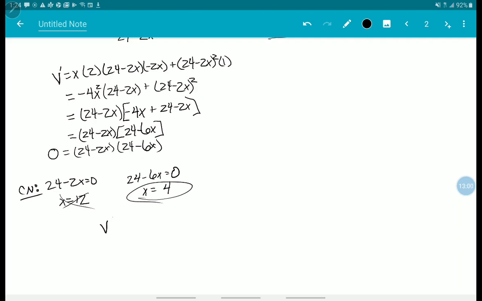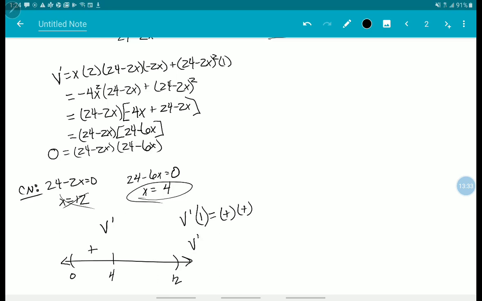We can confirm that by looking at the first derivative sign chart. Remember, we can't go below 0. We can't go above 12 because of domain restrictions that are implied. So if we were to take that derivative and substitute something in between 0 and 4, like 1, if we plug that in here, we're going to end up with 24 minus 2, which is a positive, and then 24 minus 6, which is a positive.